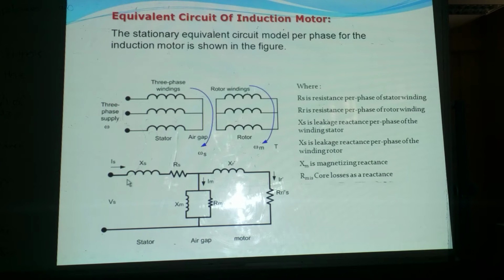Stator current is divided into two parts: magnetizing component and rotor current.